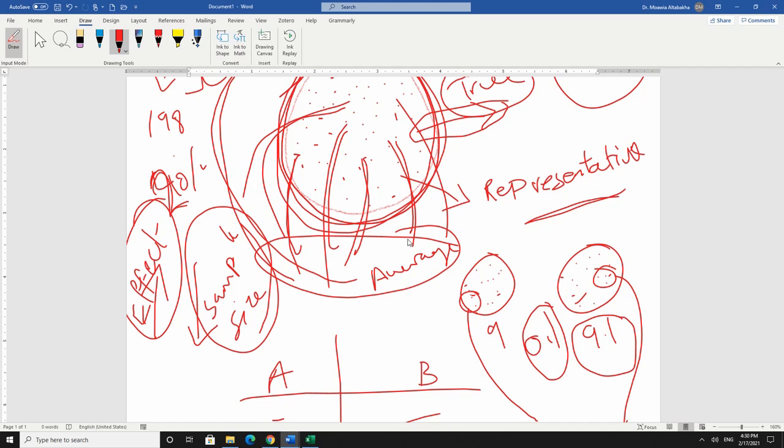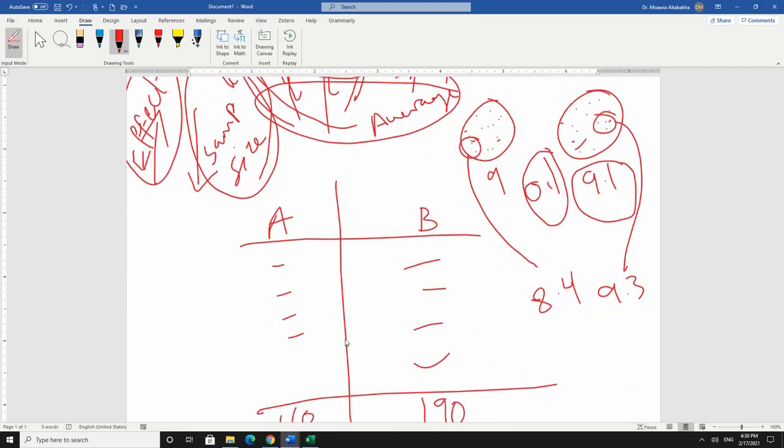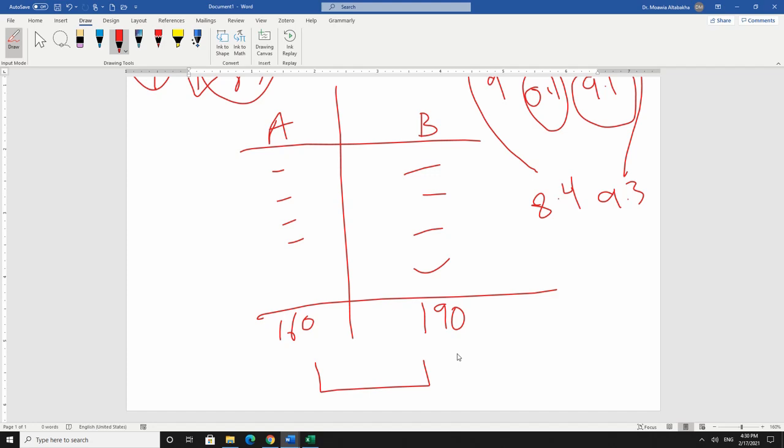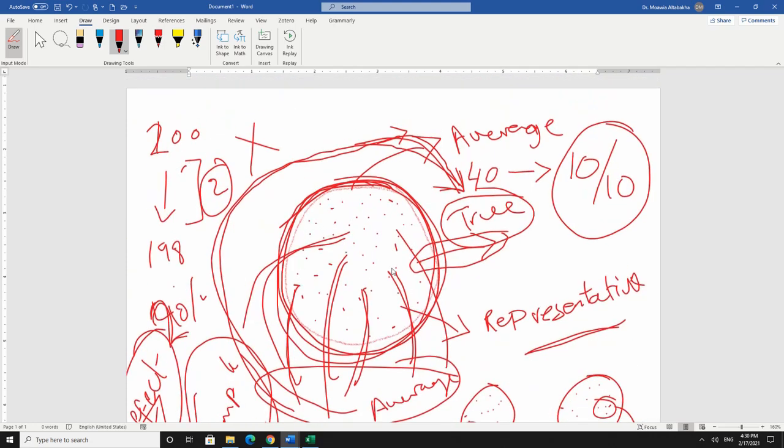Otherwise, it's not important, then you need a small sample size, because a small sample size can help you in that.